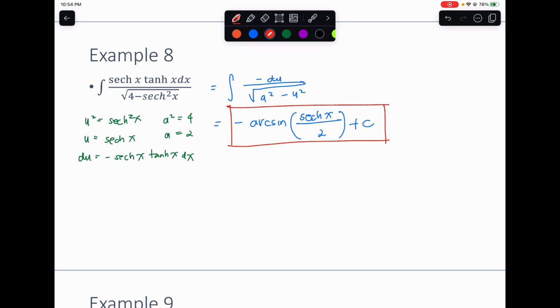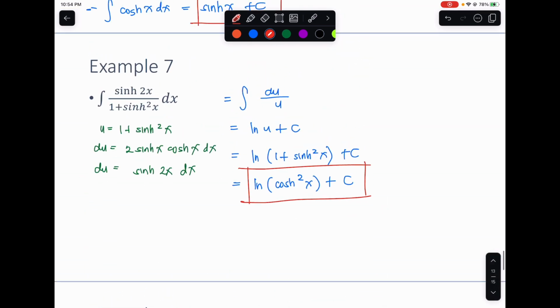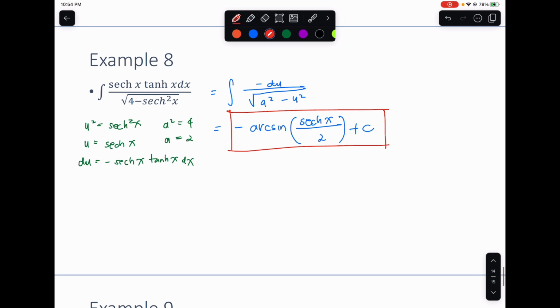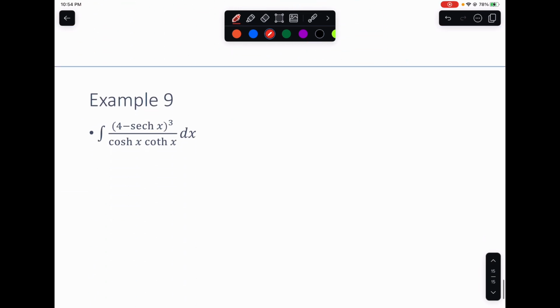So that is negative arc sine of hyperbolic secant x divided by 2 plus c. That is our 8th example, this time involving integrals leading to inverse trigo functions. The other one was natural logarithm, and this one, inverse trigo.